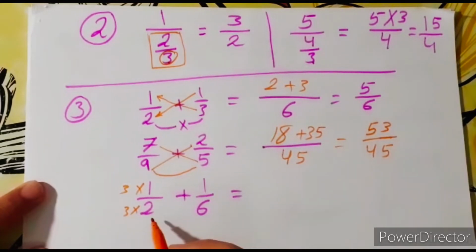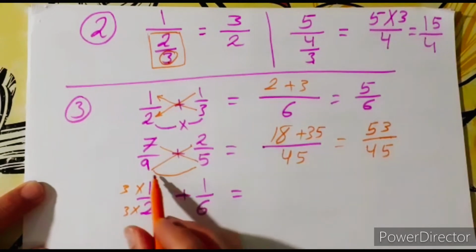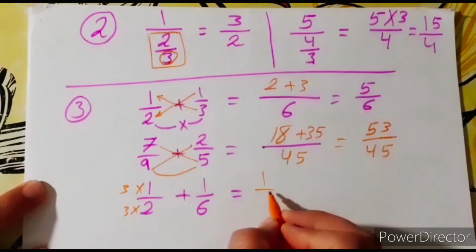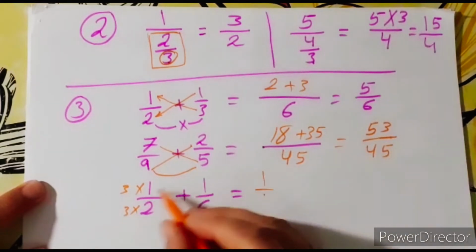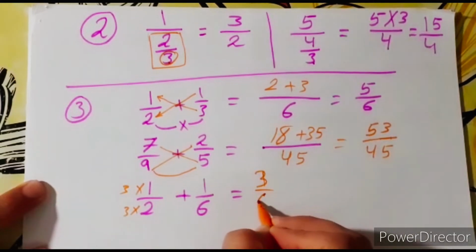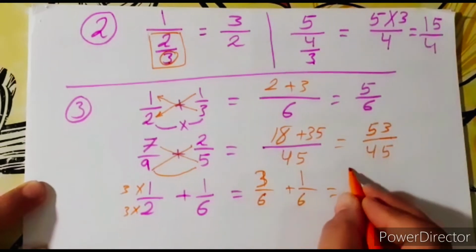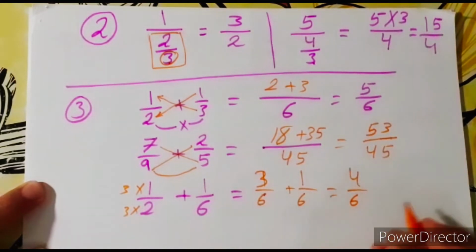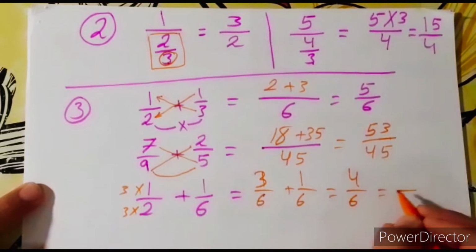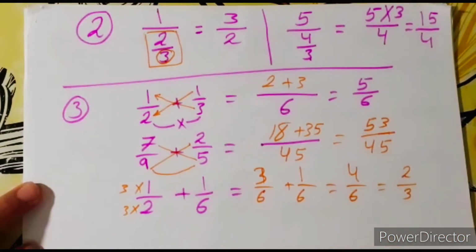So now we can write the same denominators. The first fraction became 1 multiplied by 3 over 6, and the second fraction 1 over 6, equals 4 over 6, and equals by simplest form 2 over 3. Okay.